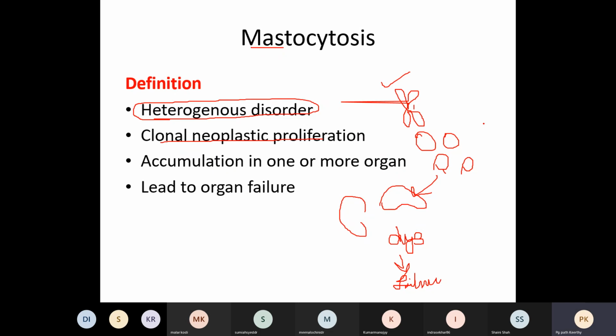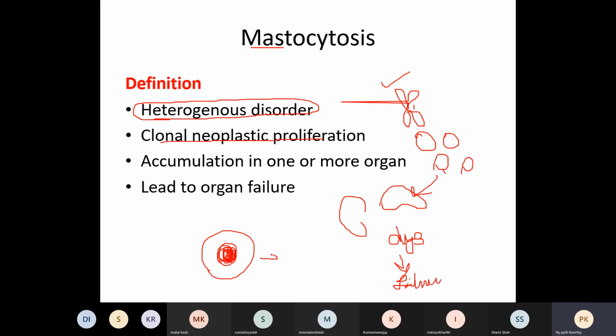Now coming to our topic, mastocytosis, and how the WHO defines it. Before that, understand that obviously all cells have a nucleus, except RBCs. RBCs and platelets are the cells which do not have a nucleus. So your mast cells will have a nucleus. What happens here is that in the nucleus they get some mutation.